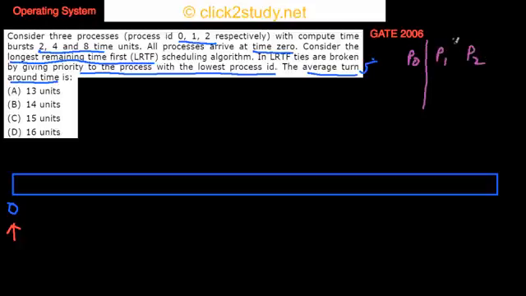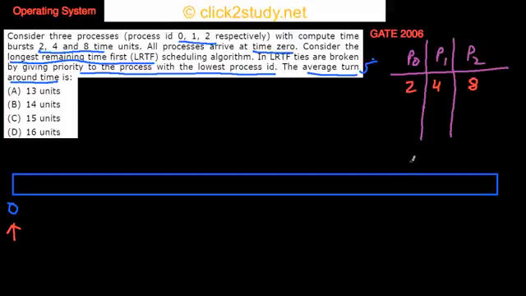Okay, so what is the CPU burst they need, the time they need in CPU? P0 needs 2 time units, P1 needs 4 time units, and P2 needs 8 time units. That's what I know, and I'm writing this down because these will change.